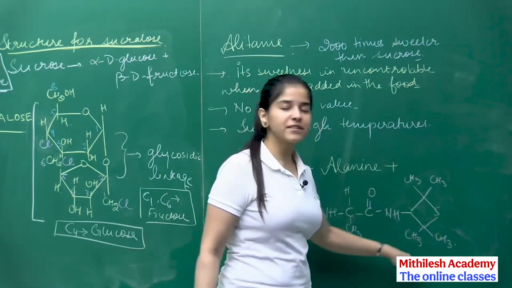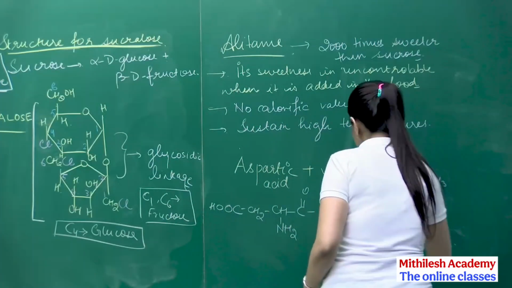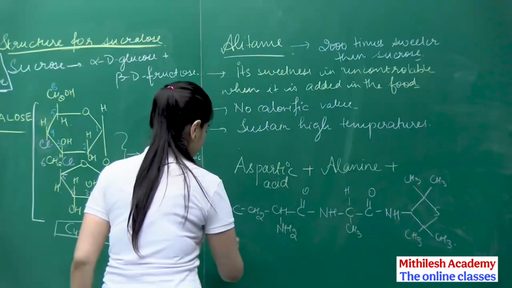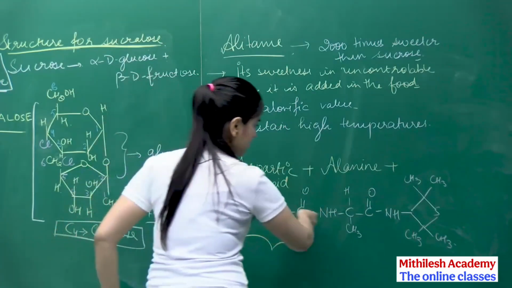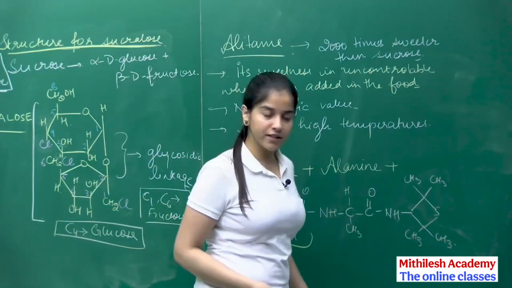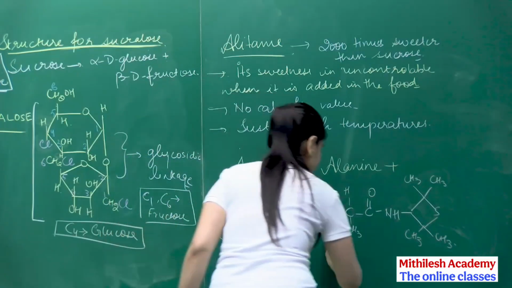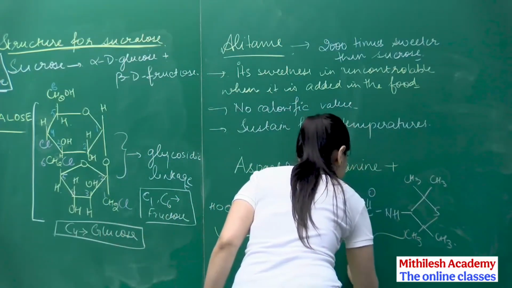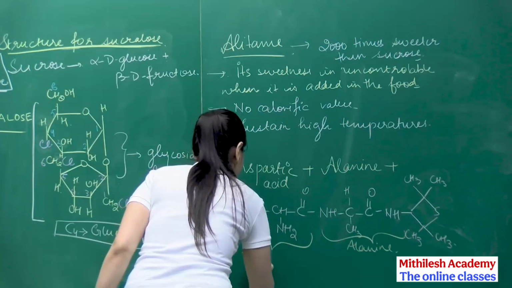This was the attachment that I was talking about. So here what do we have? We have got the aspartic acid. It's a dipeptide linkage. I have got two peptide linkages over here, and that is aspartic acid, that is alanine, and the aspartic.